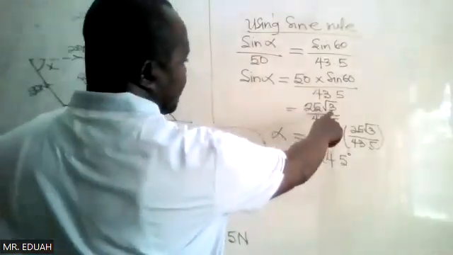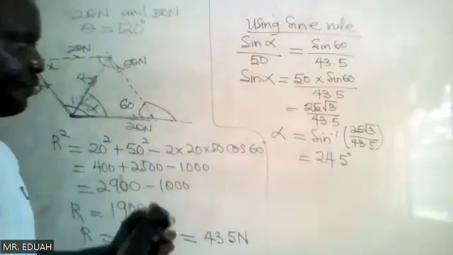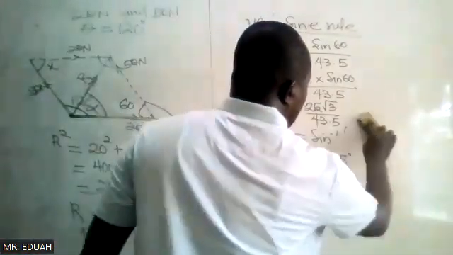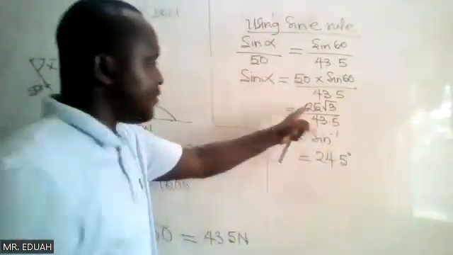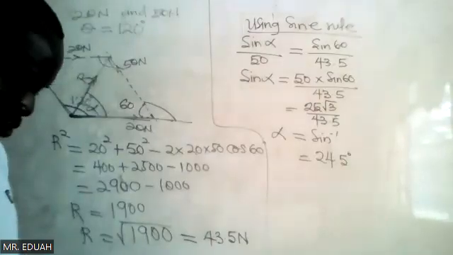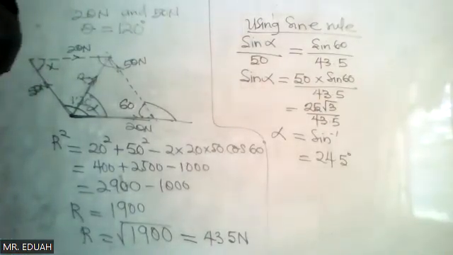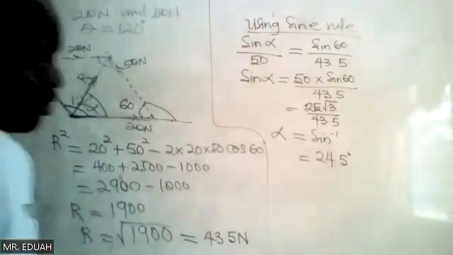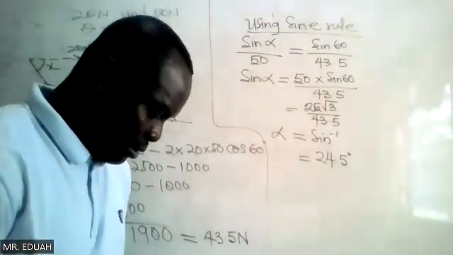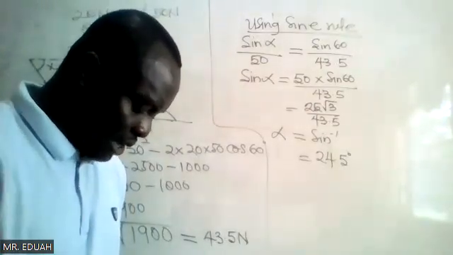So 25 times root 3 divided by 43.5. Let's get that decimal figure. When you divide this by this, what will this amount to? Just a confirmatory something. Please, all hands on deck, okay?